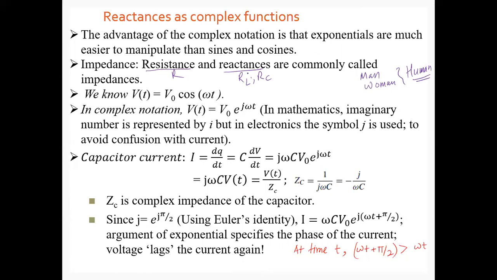Help me, what is this guy? Inductance for the, this is for the capacitor, okay? So commonly these are called impedance. Now, since I know the Euler formula, that's why instead of saying cosine omega t, I start with this now.